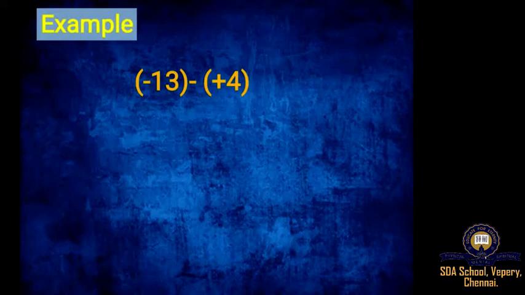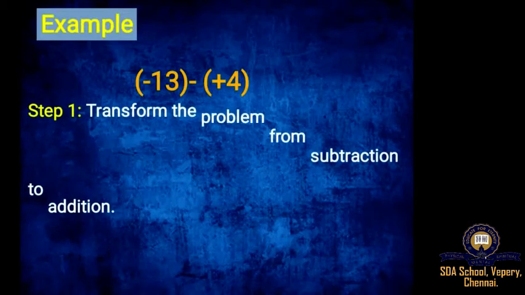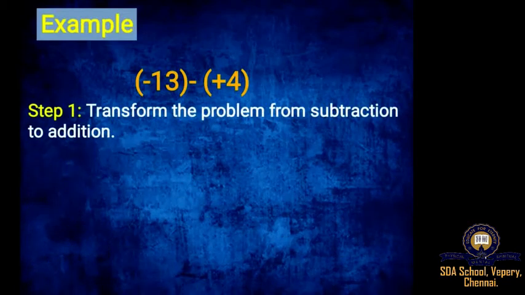Minus 13 minus plus 4. Here the operation is minus. So first step, transform the problem from subtraction to addition. So you have to keep the first number as such. So here the first number is minus 13. Next you have to change the subtraction to addition.